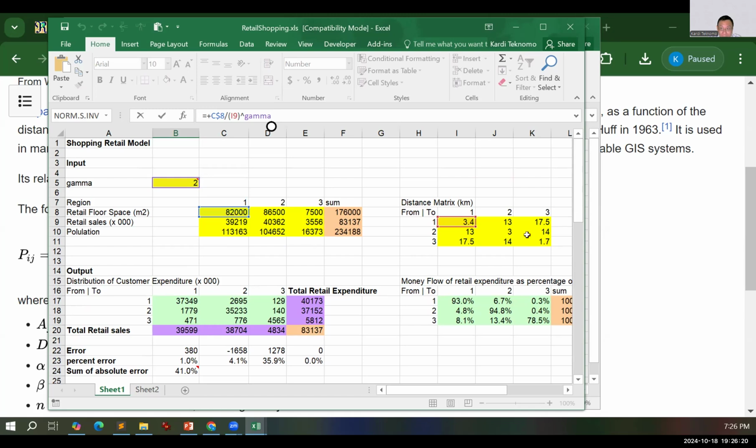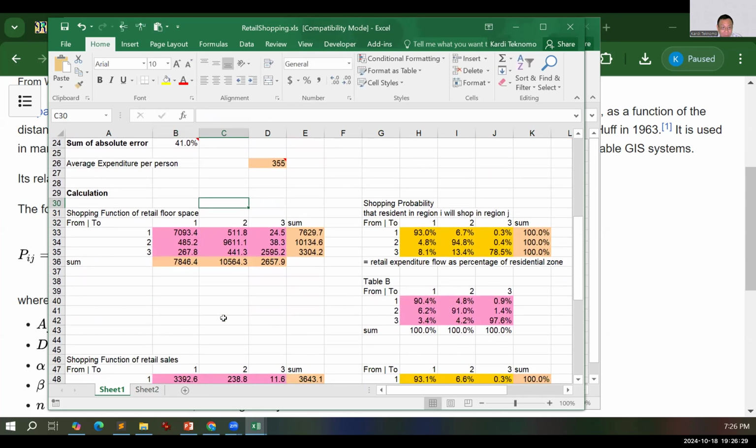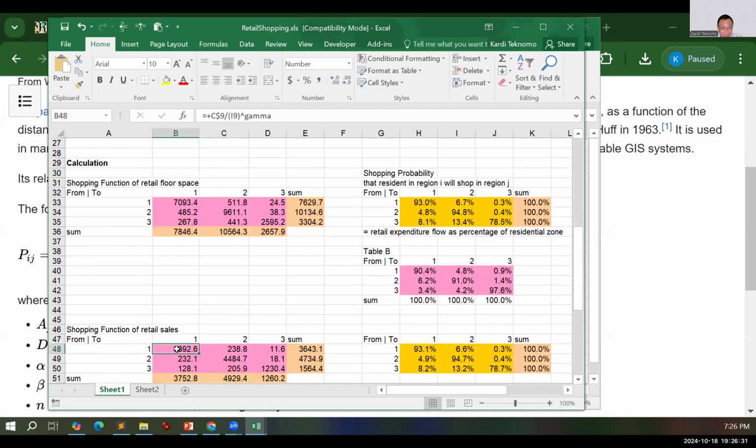So you can get this based on the floor area, and you can also get it based on retail sales, same thing. From there, you can calculate the probability. This probability is just this value divided by that value, the sum. This means retail expenditure flow as a percentage of residential zone.